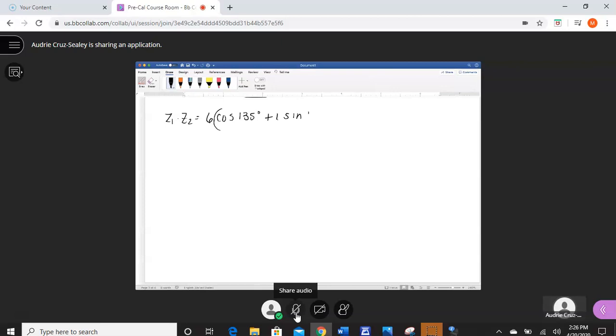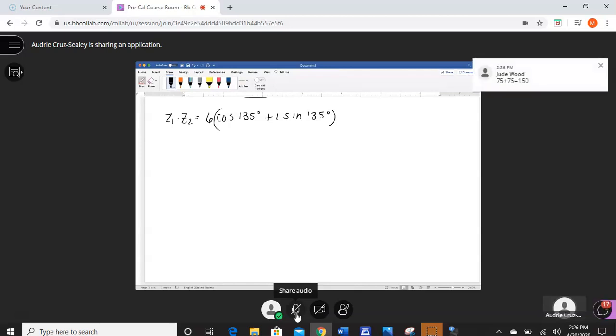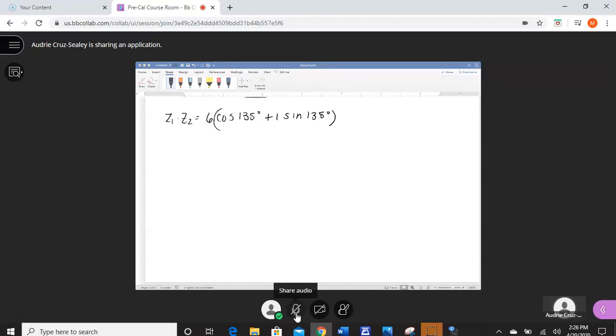Done. 135 is in between 0 and 360. It usually restricts it to one rotation around the circle. So 135 is fine, and that's even if it restricts it at all. Sometimes it doesn't restrict it. Am I wrong? 75? I know, but we're adding 75 plus 60.